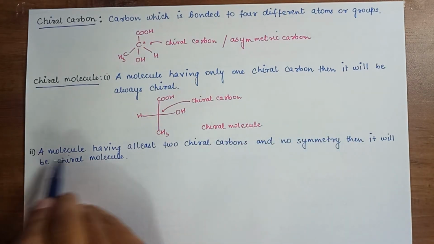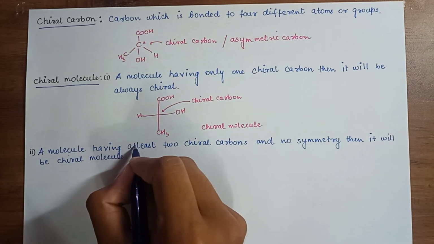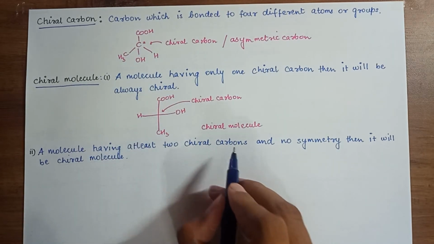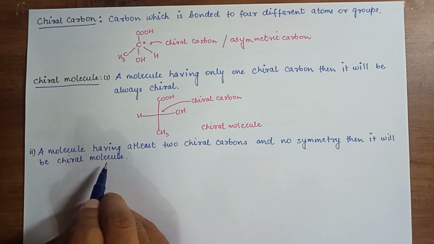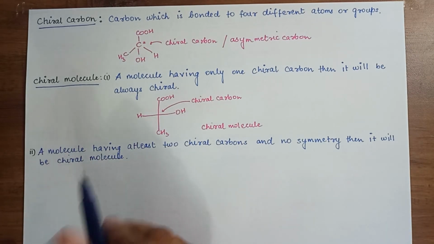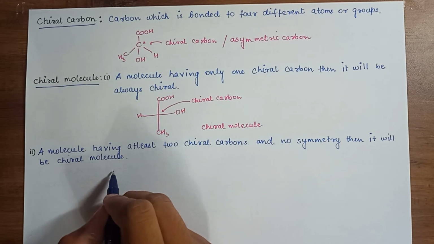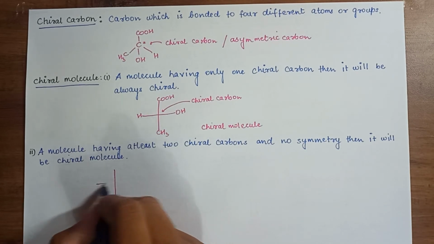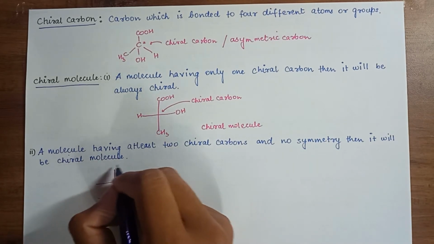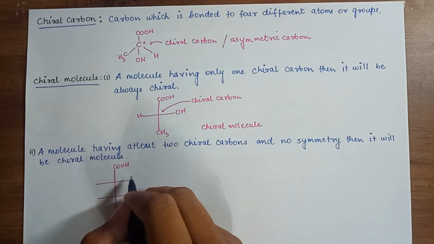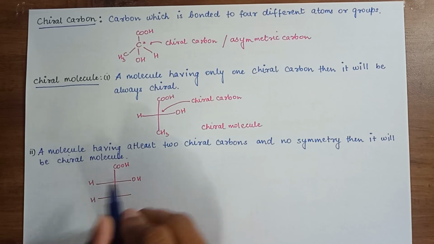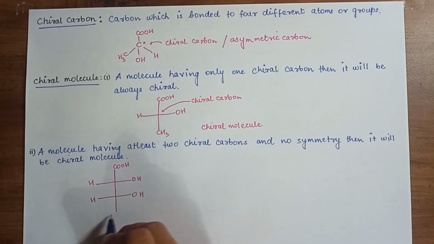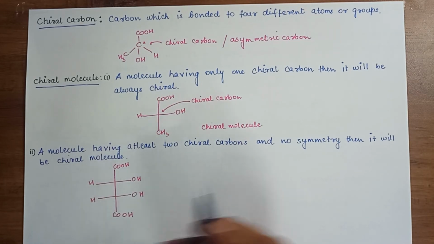The next point is that a molecule having at least 2 chiral carbons and no symmetry will be a chiral molecule. We will see this. COOH, OH, H, H, OH, COOH.